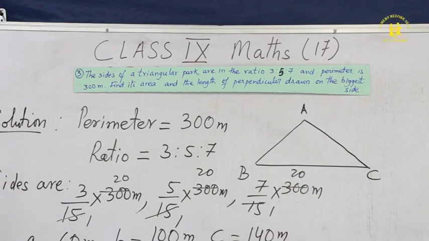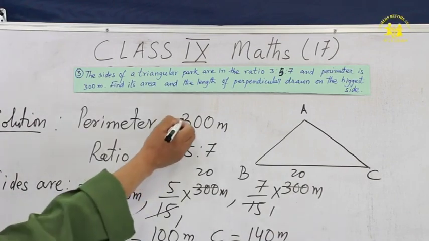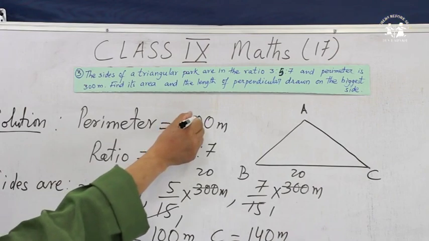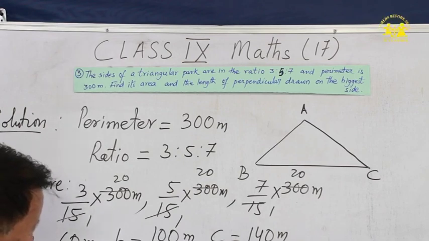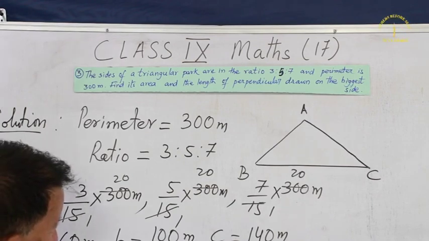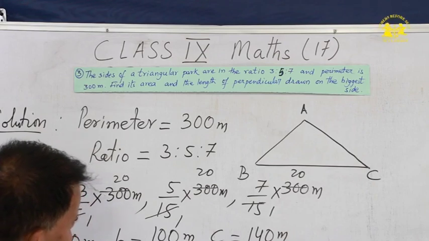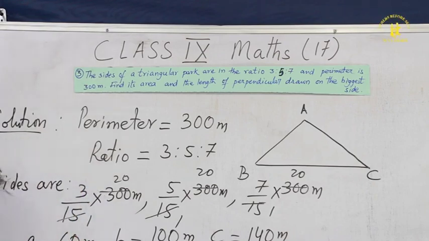Okay. S, the semi-perimeter, is 300 divided by 2. You can directly write it as 150. So the area of the triangular park is equal to the square root of S into S minus A into S minus B into S minus C. That is Heron's formula.